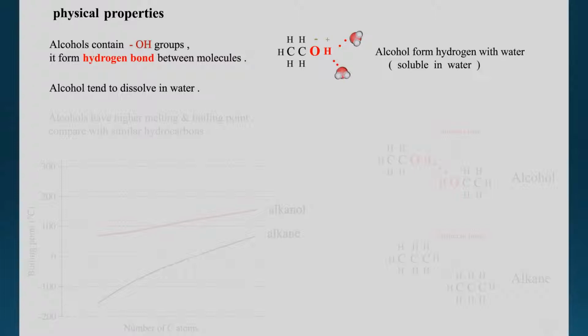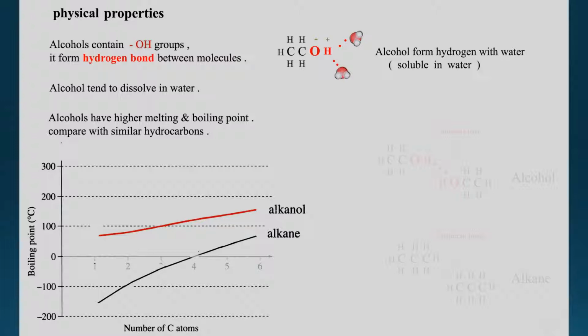Ethene forms dispersion force, a non-polar molecule. Now with an OH, it becomes a polar molecule. So you change from oil-based to water-based, and they tend to dissolve in water.